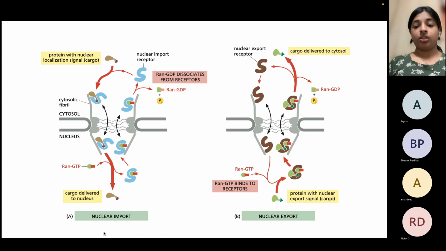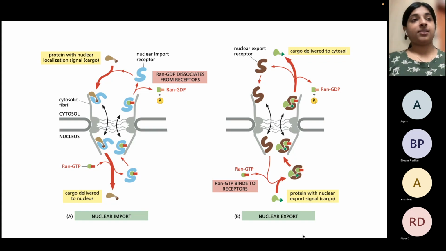Now, in the case of nuclear export, say there is some protein that needs to be pushed out of the nucleus. There are export receptors that come into the picture. This export receptor here in the nucleus binds the cargo and the RAN-GTP together. This moves into the cytosol because RAN-GTP has to move into the cytosol along the concentration gradient.